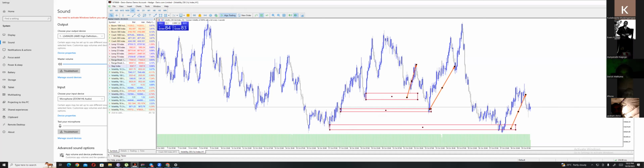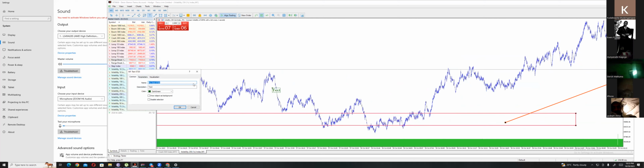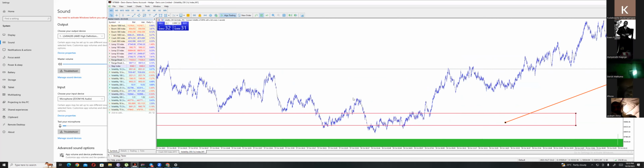Isn't this the market structure that you are approaching those order blocks with? This is the order block at the very bottom. Now you see we have lows. This is M1 now. We have lows, highs, lows, highs. When it approaches that order block, I said it has to break structure.